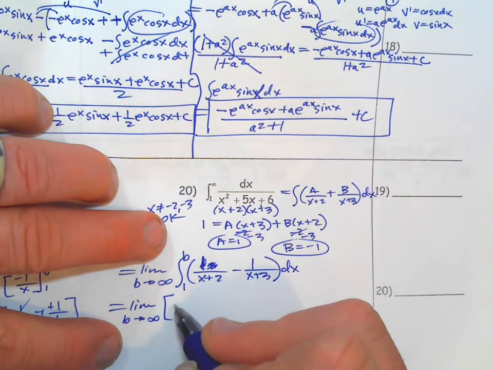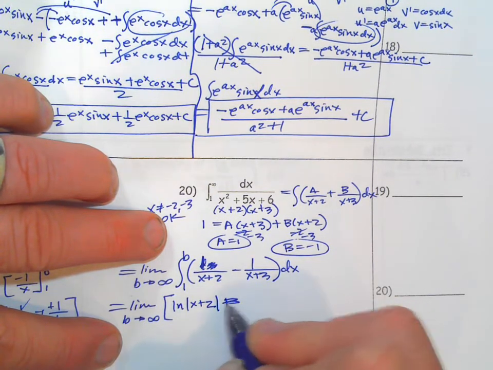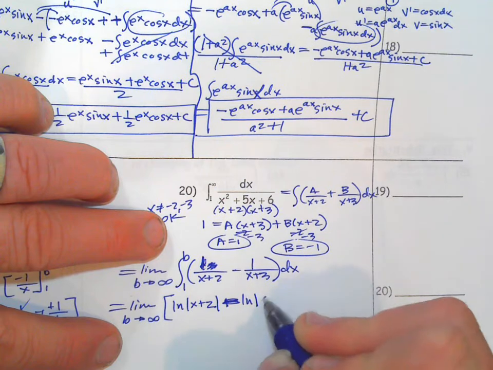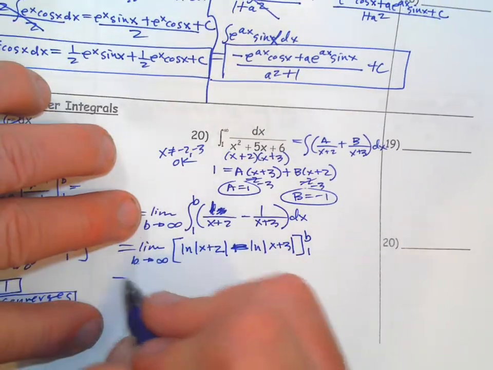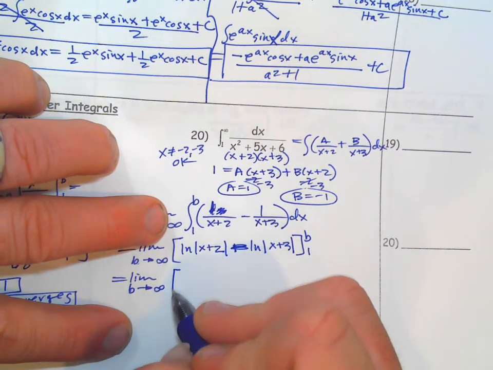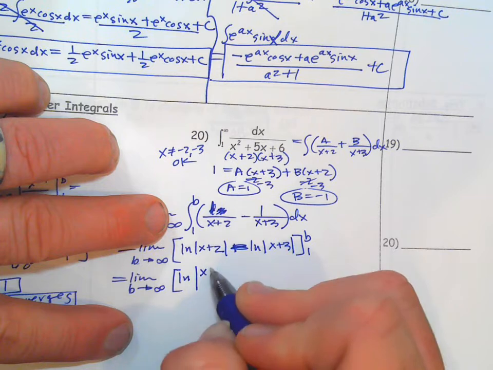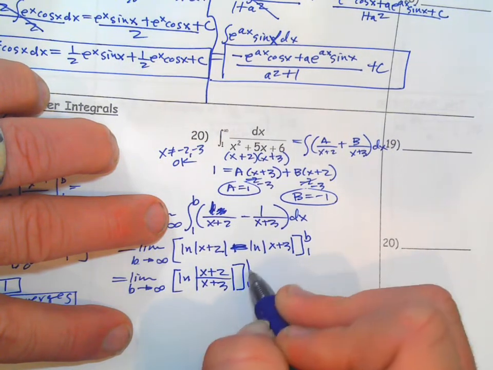So the antiderivative here is natural log the absolute value of x plus 2 minus natural log the absolute value of x plus 3, from 1 to b. I want to combine these together into a single natural log. It's probably going to make whatever we do easier using log rules.